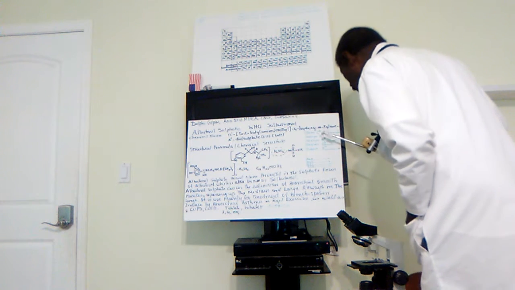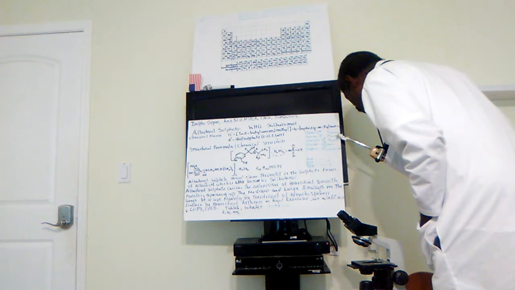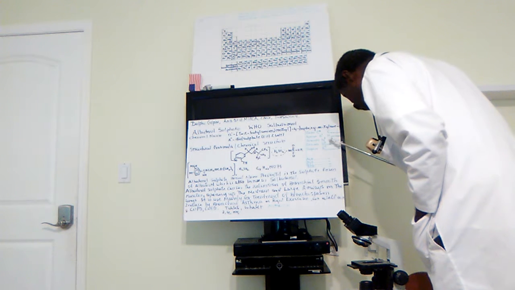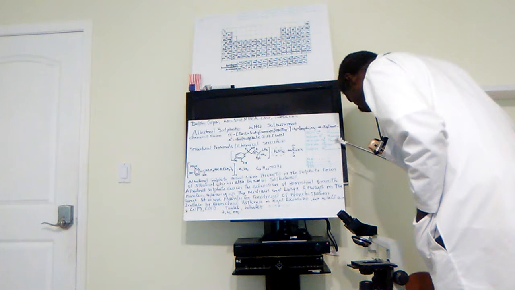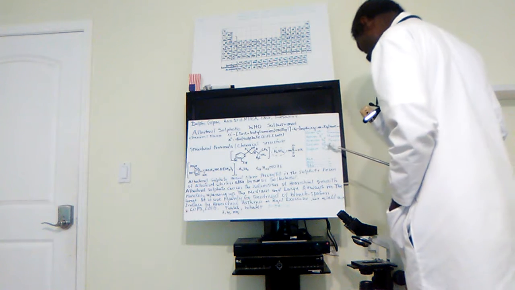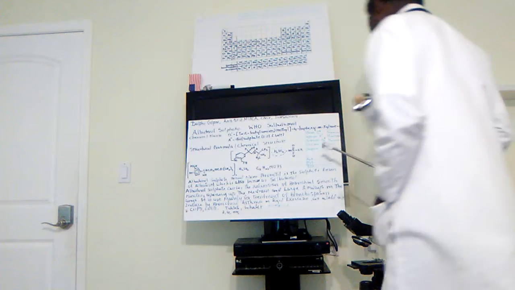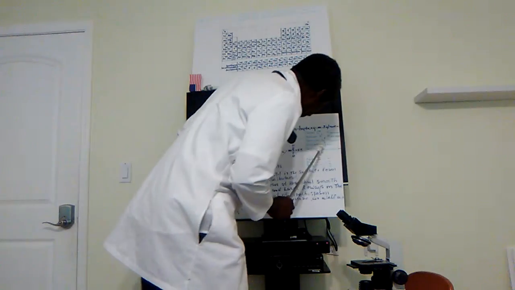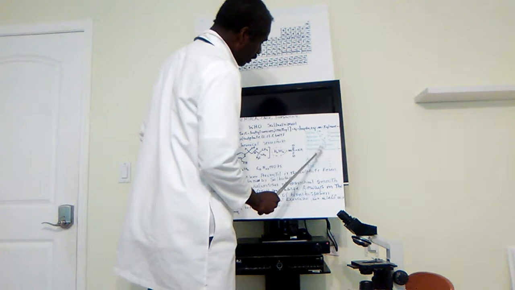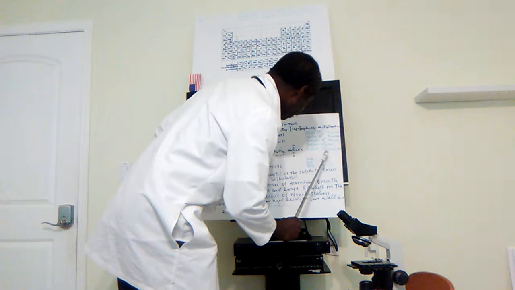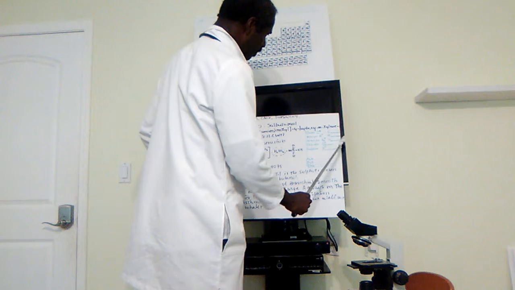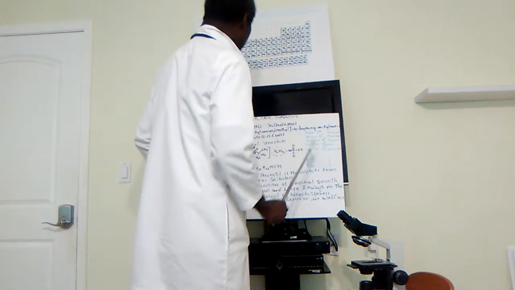Hydrogen, atomic number 1, atomic mass 1.007940000. Nitrogen, atomic number 7, atomic mass 14.006700. Oxygen, atomic number 8, atomic mass 15.999400. And sulfur, atomic number 16, atomic mass 32.065000. All of these are in AMU, atomic mass units.